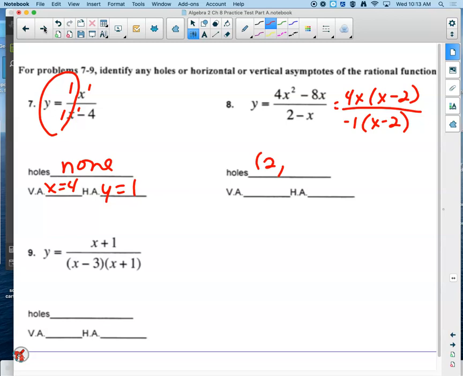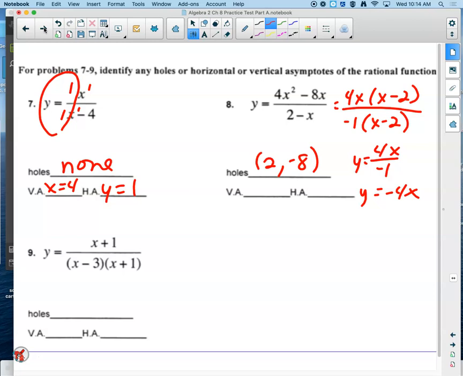So remember, go ahead and do the canceling. Cancel out the x minus 2 and the x minus 2. And you'll get y equals negative 4x. Now, put the 2 in there. What do you get for the y? Negative 8. So we want to know, where's that hole going to be?